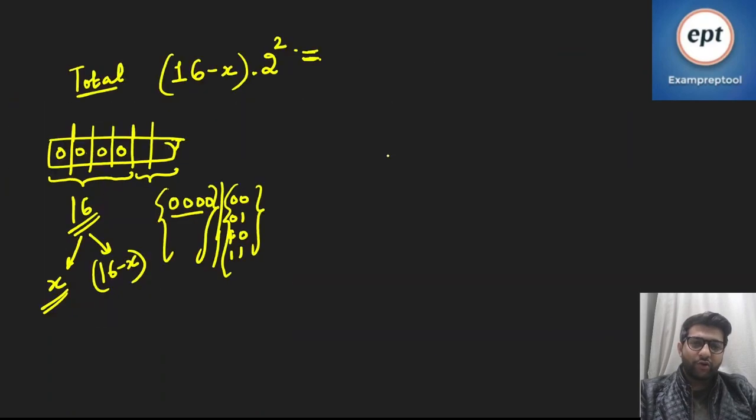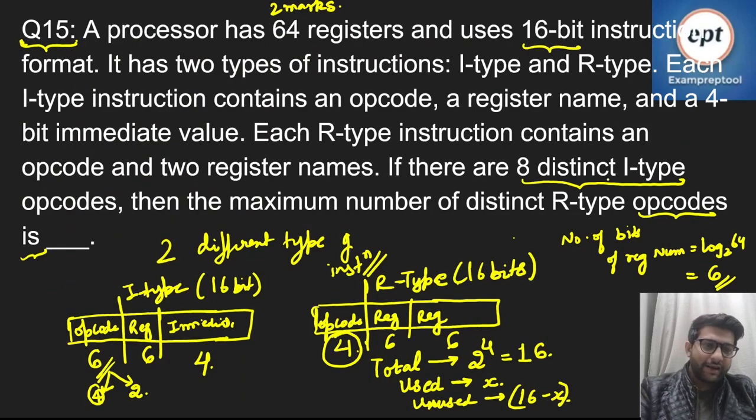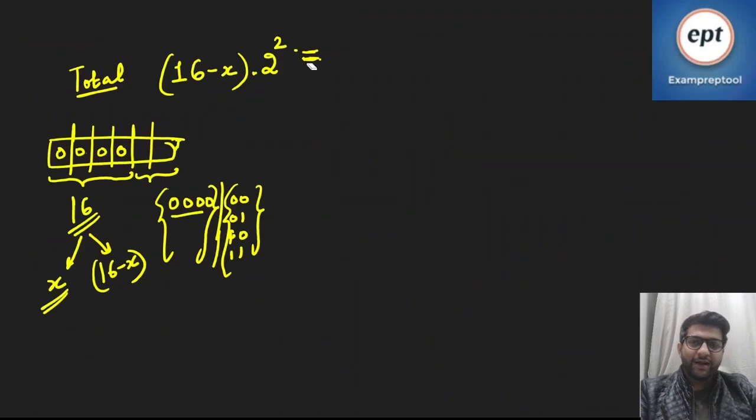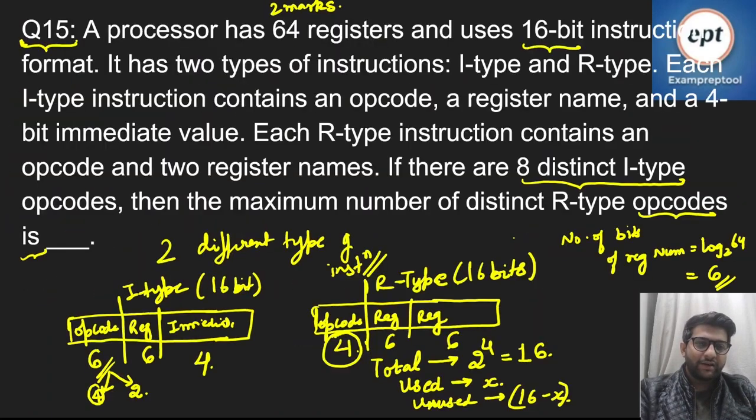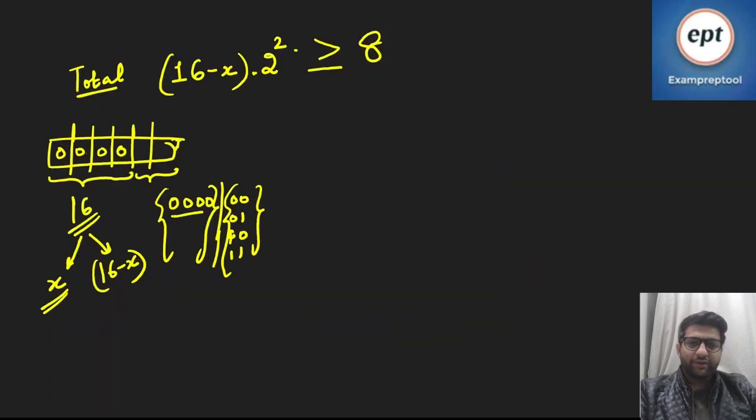Now, the question is saying that there are 8 distinct I types. So this means that this particular value should be greater than or equal to 8, because it is saying it supports 8 distinct I type instructions. So if we solve this, it will be 8 divided by 4, which is 2, and 16 minus 2.